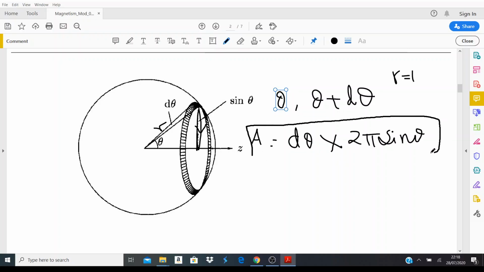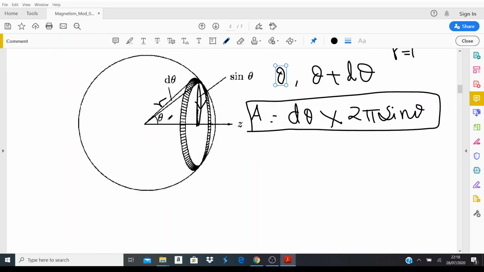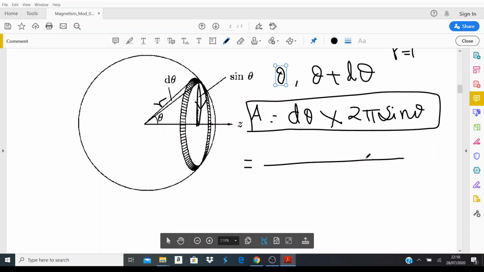Now the question is, what is the fractional contribution of those moments which lie within this ring to the entire area of this sphere? So in this ratio, the magnetic dipole contribution due to this ring is proportional to the area of the annulus.